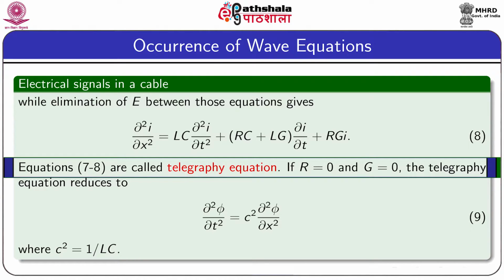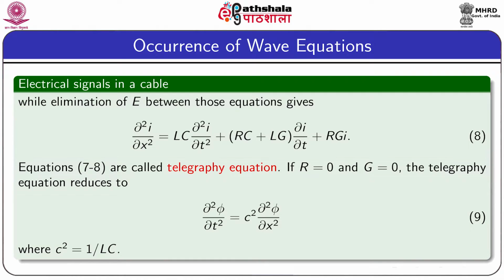From the telegraphy equation, if you assume that resistance R equals 0 and capital G equals 0, then the equation reduces to del 2 phi del t square equals small c square del 2 phi del x square, and this is nothing but the one dimensional wave equation, where the constant small c square is defined as 1 by L C. So, from the telegraphy equation we can get the wave equation.